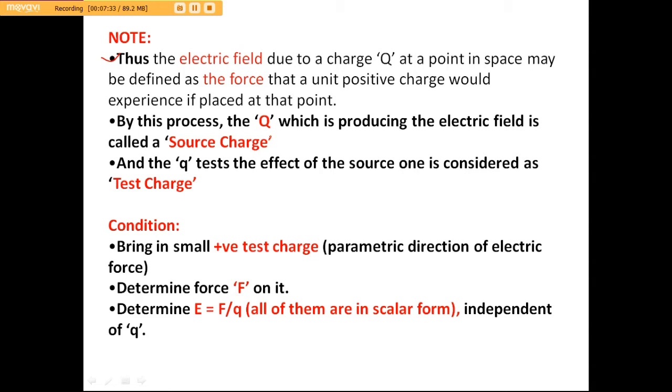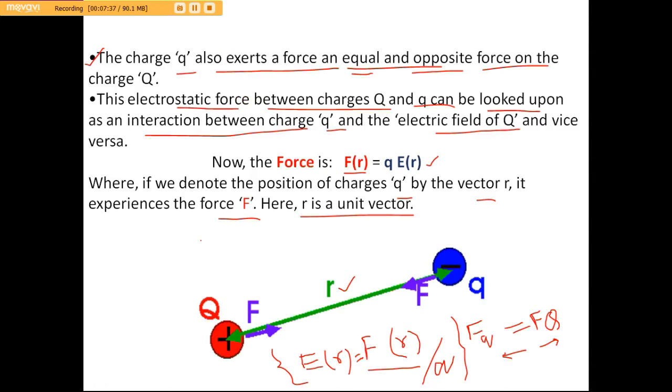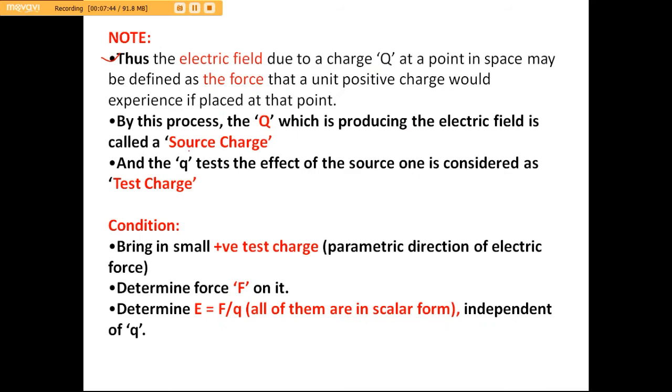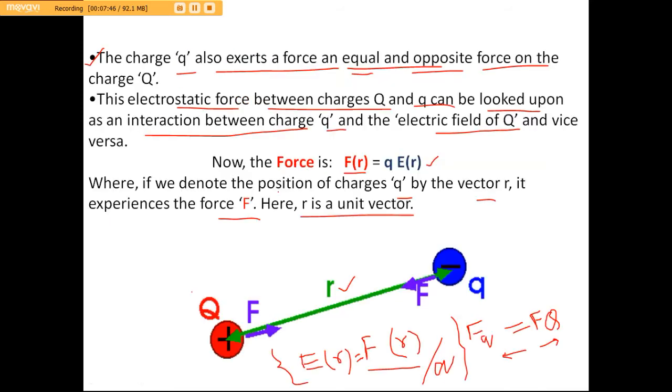By this process, the capital Q exerted a force on small q. So the capital Q is called the source charge, and small q experiences the effect of the force exerted by Q.